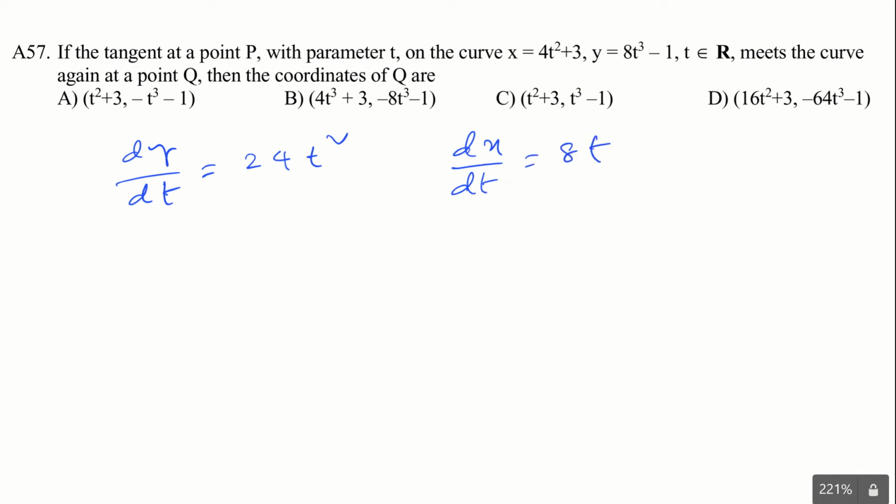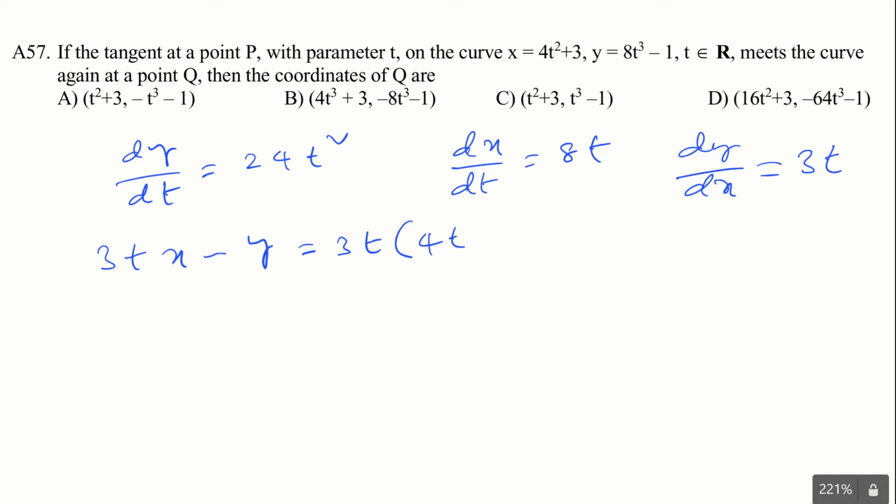So I am getting dy by dx is equal to 24t square by 8t, which is 3t. Now the tangent equation is 3t into x minus y is equal to, it is passing through that point, 3t into (4t square plus 3) minus (8t cube minus 1). You can apply point-slope form also, up to you.